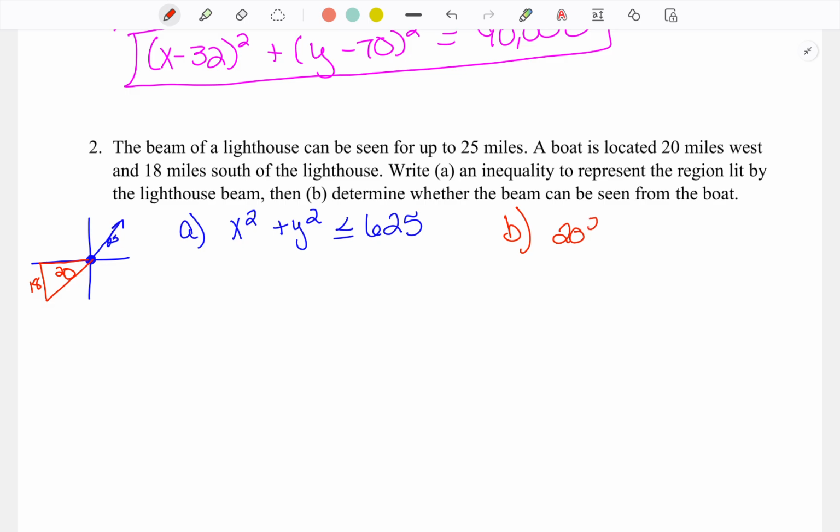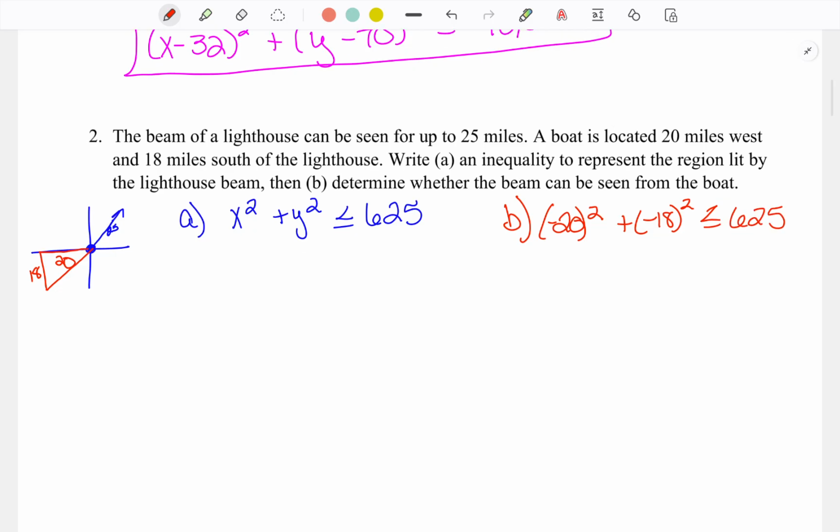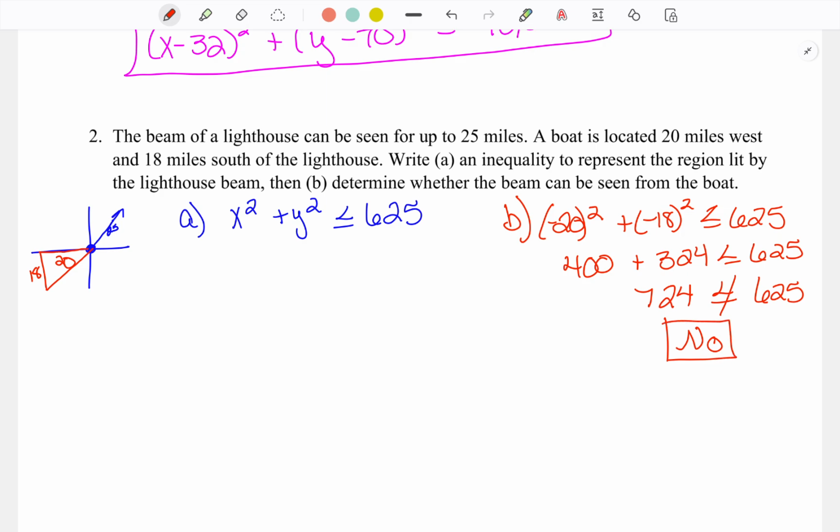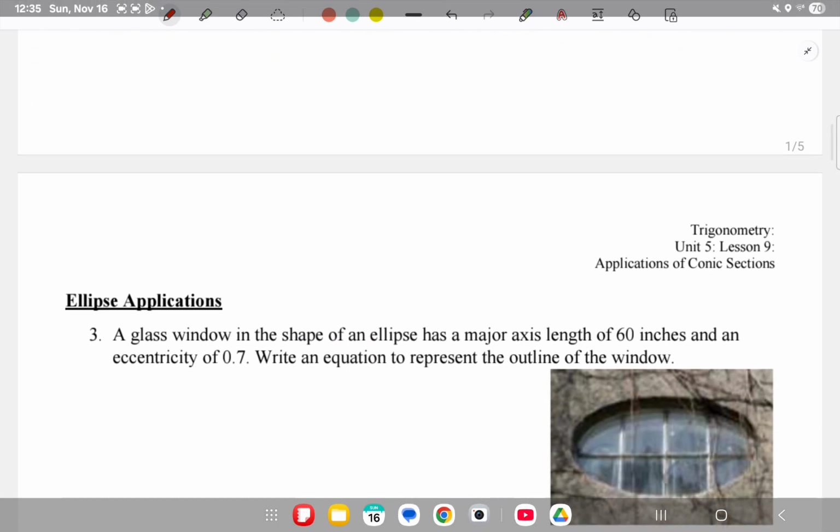We'll have negative 20 squared plus negative 18 squared is less than or equal to 625. Once we work this out, we have 400 plus 324, and that adds up to 724, and that is not less than 625. So no, the lighthouse's beam cannot be seen from this boat.